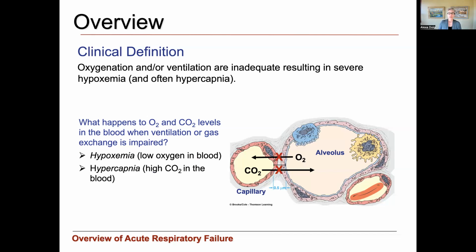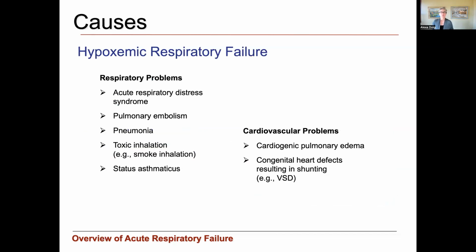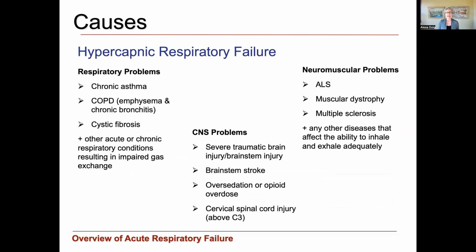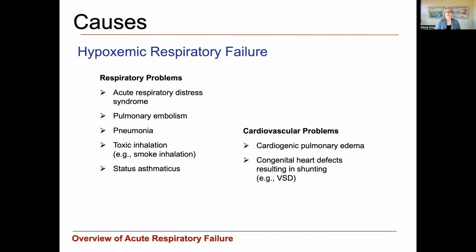So when we talk about causes of respiratory failure, the textbook divides them into what they call hypoxemic respiratory failure and then hypercapnic respiratory failure. Now, I'll be honest with you. In most cases, once these conditions progress, all of these patients have both hypoxemia and hypercapnia.